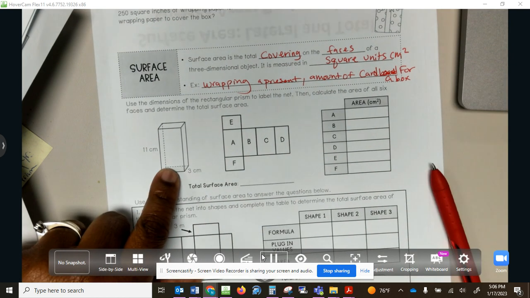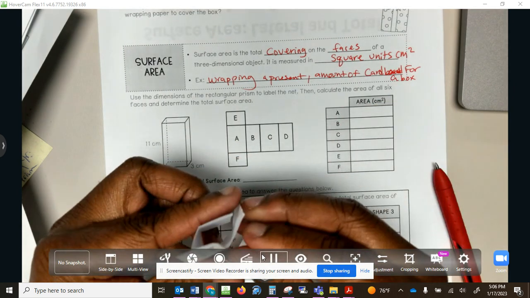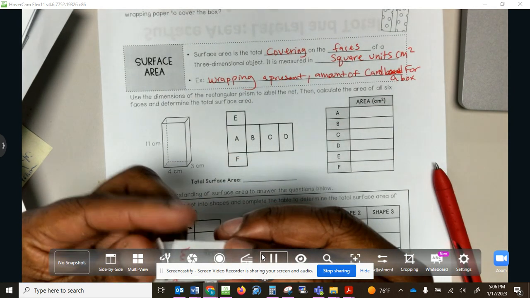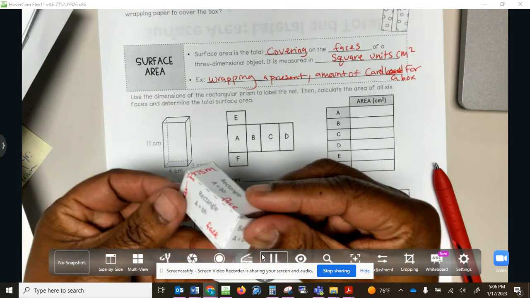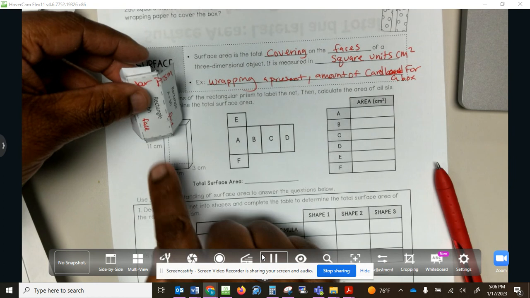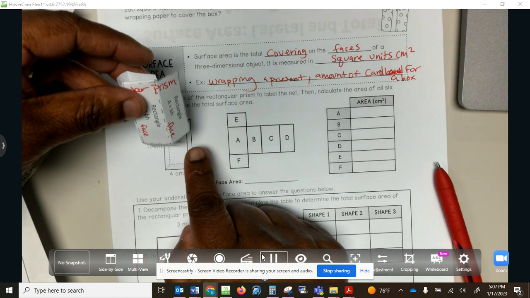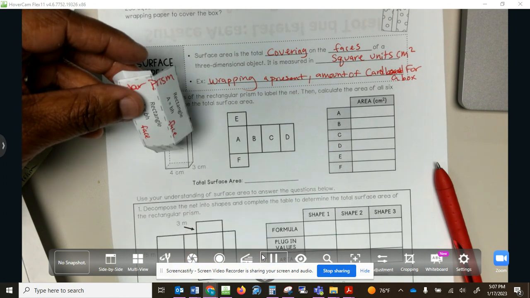So we have a rectangular prism here. So if I was to assemble my rectangular prism, I can make it look just like it. According to this rectangular prism, the bottom here is 4, and this side at the bottom is 3.